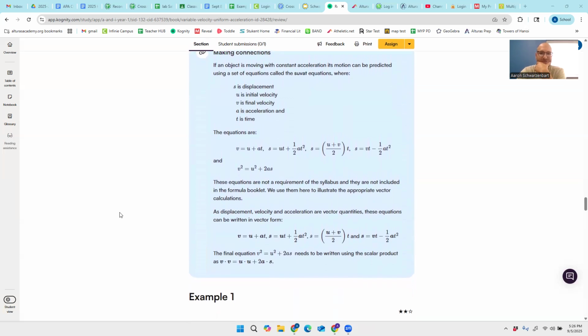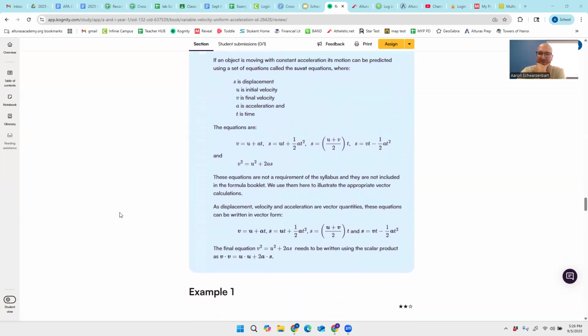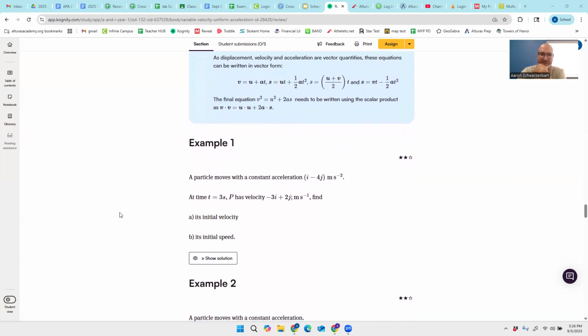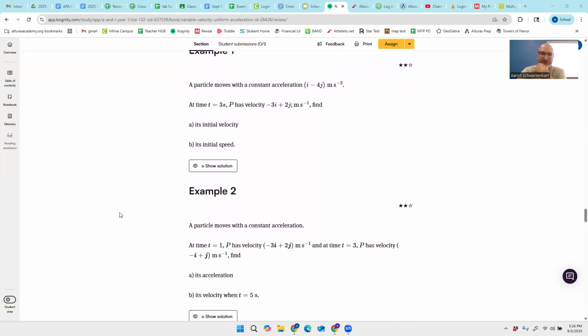And here are all my equations that we talked about the other day. So here we have example one. A particle moves with a constant acceleration given by i plus 4j meters per second squared. At time t equals 3 seconds, P has a velocity of this. Find its initial velocity.